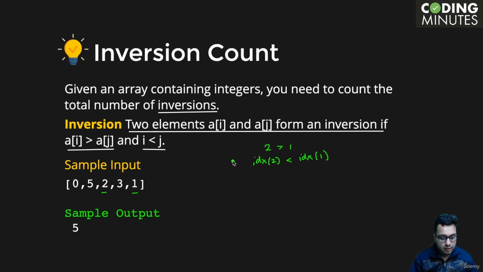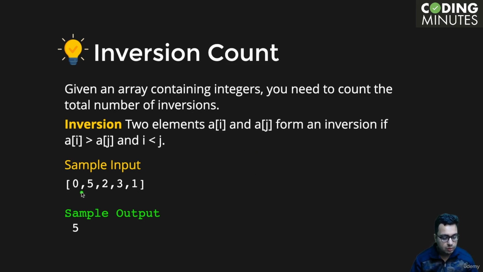So let us see how many inversions we have in this array. 0 will not form any inversion. For 5, do we have an element which is less than 5 and which is coming after 5? Yes, 5 will form an inversion pair with 2, with 3 and with 1. So 5 will form 3 inversions.